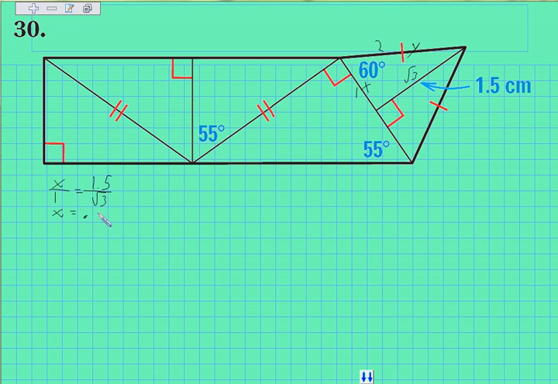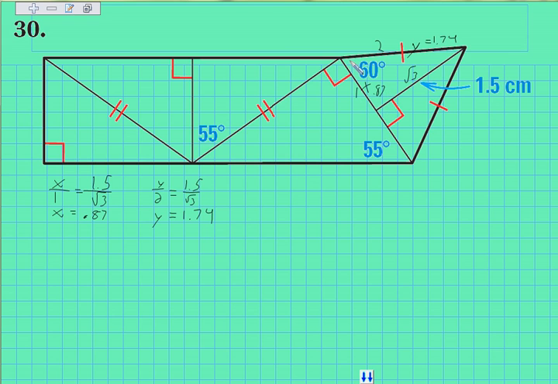So we'll call this 0.87. All right, I want to solve for y. So y over 2 is equal to 1.5 over radical 3. Multiplying, I get 1.74. Again, I want to write in what I have here. So this is 1.74, and this is 0.87.